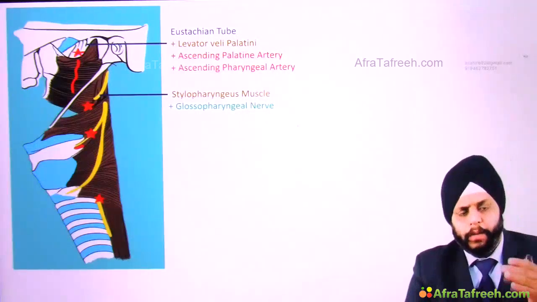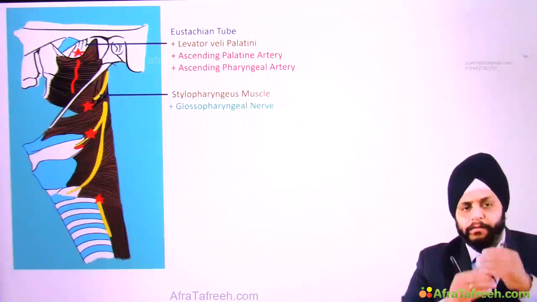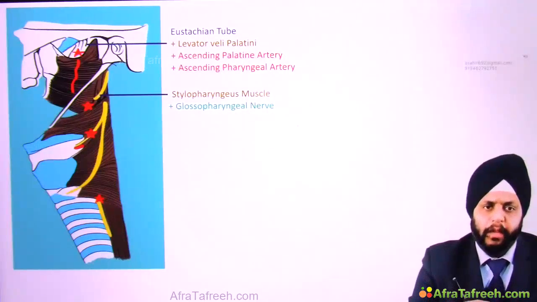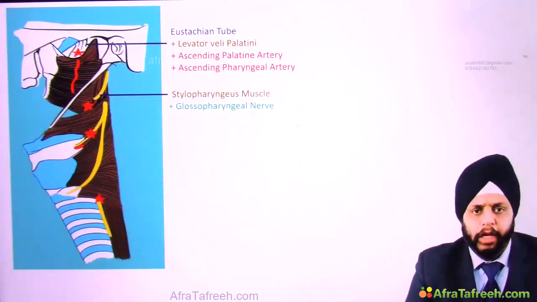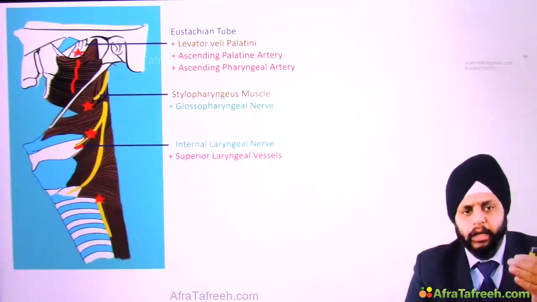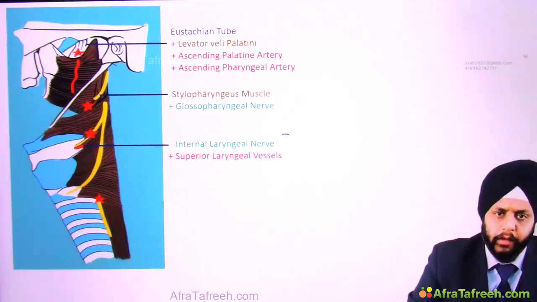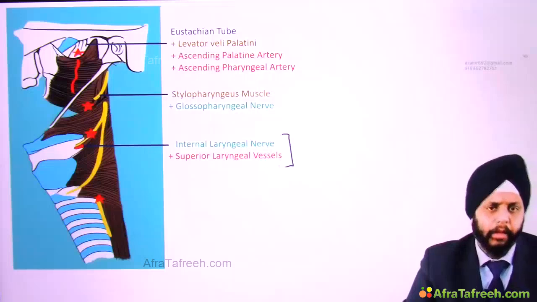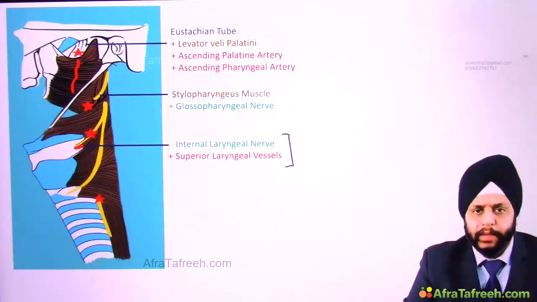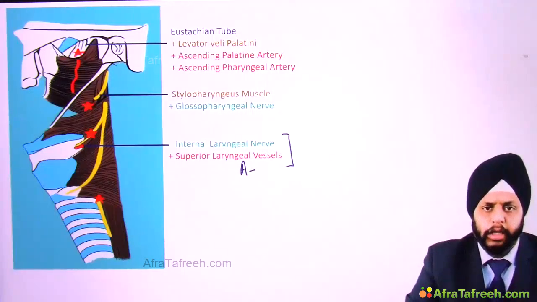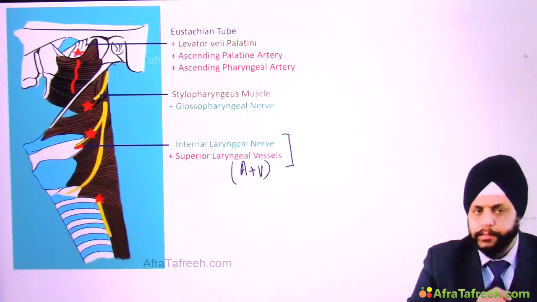Okay, now what passes between the middle and inferior constrictor? Between the middle and inferior constrictor, we have the internal laryngeal nerve along with the superior laryngeal vessels, right? Superior laryngeal vessels, when I say, it means both artery and vein.